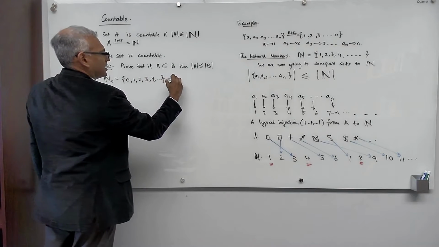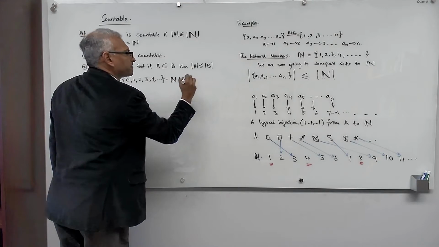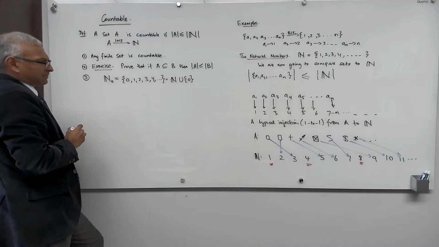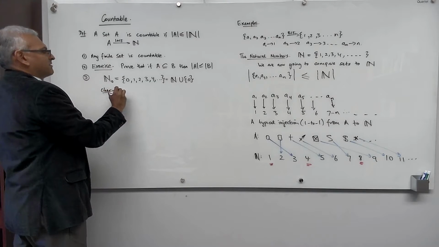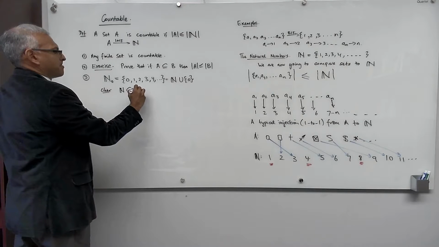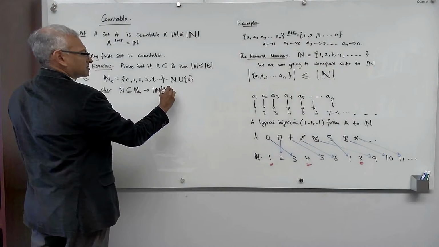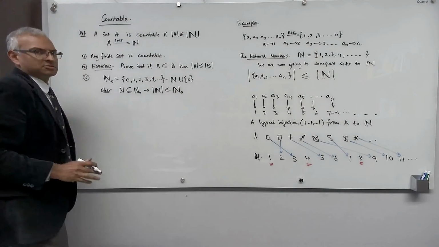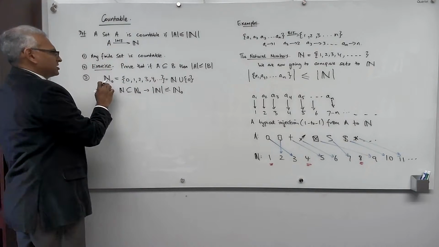Which is N union {0}. Well, it's clear that N is a subset of N0. So this means that the cardinality of N is less than or equal to the cardinality of N0. This we just proved as an exercise. And intuitive. N is a subset of this guy.